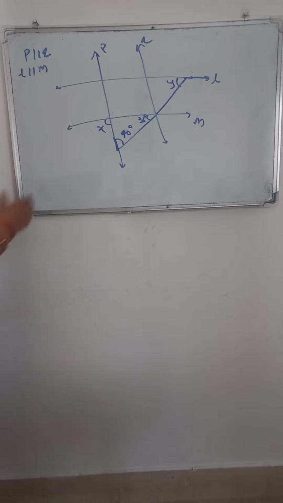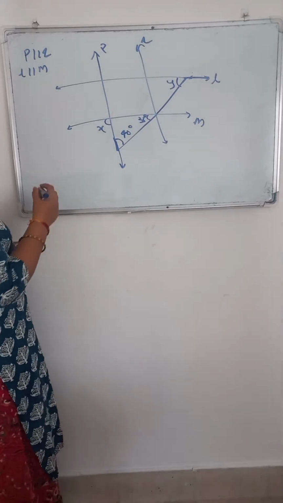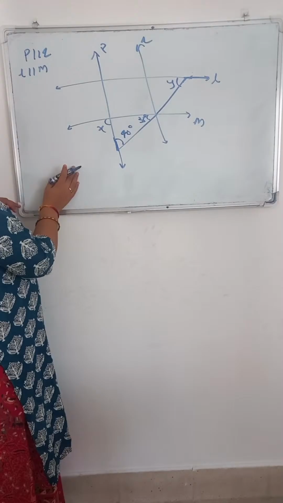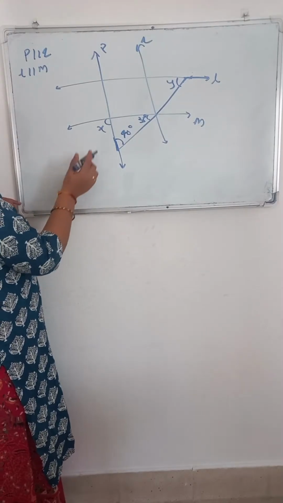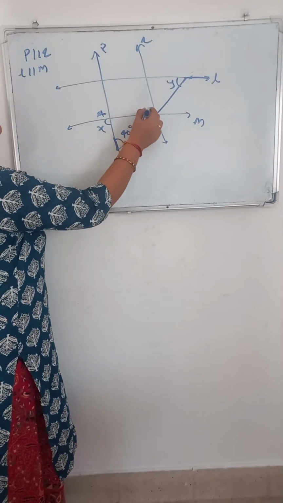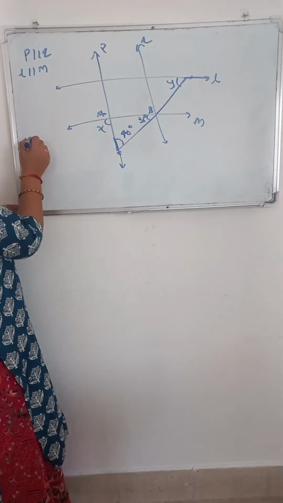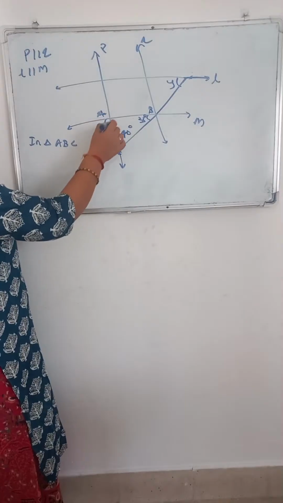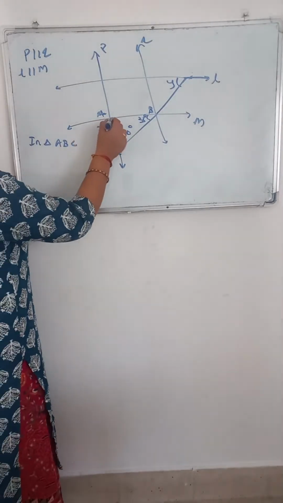Here the condition is P is parallel to Q and L is parallel to M. Suppose I name these B and C. So in triangle ABC, the triangle angle sum is 180.